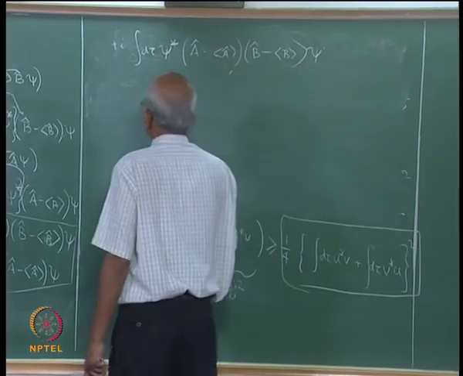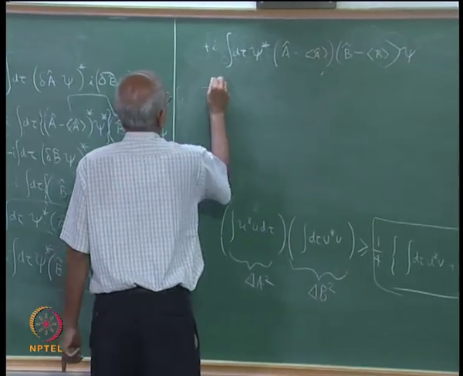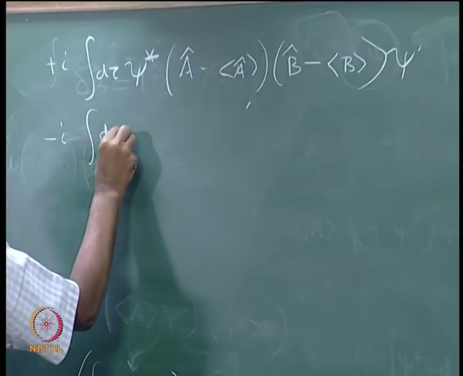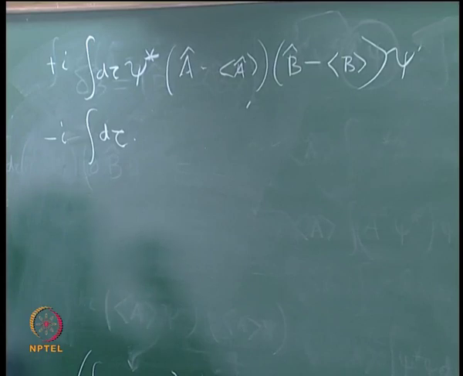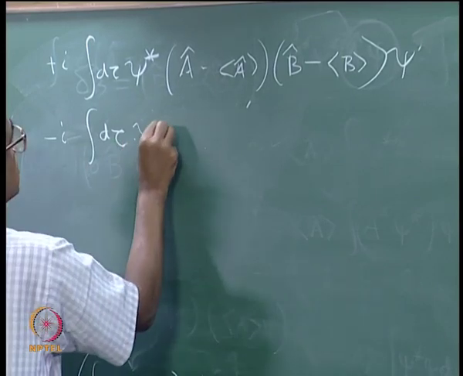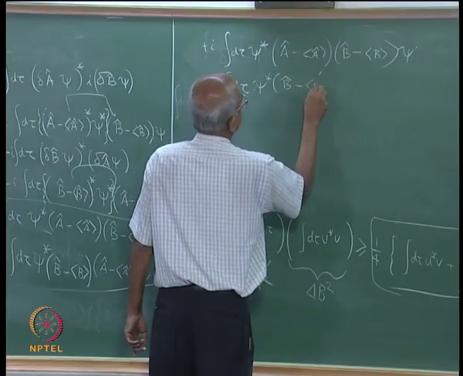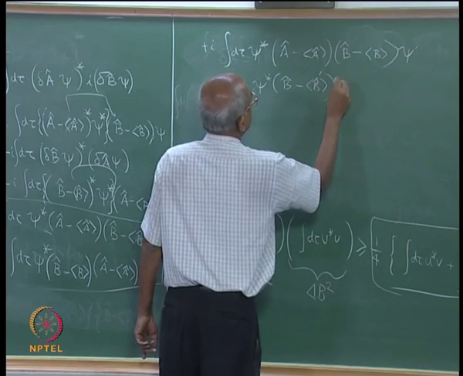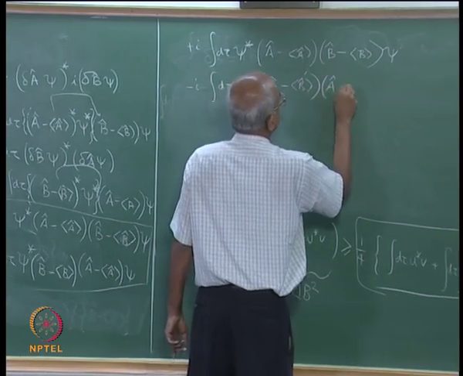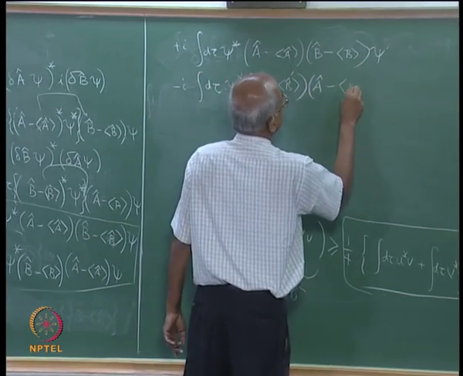That is the first term, and the second term, with a negative sign, is the integral d tau psi star (b minus expectation value of b) into (a minus expectation value of a).